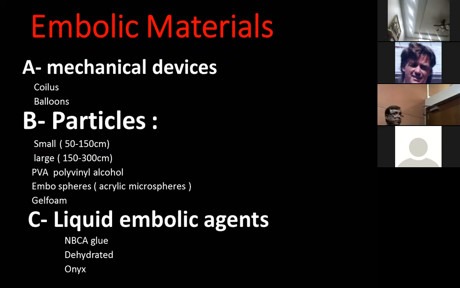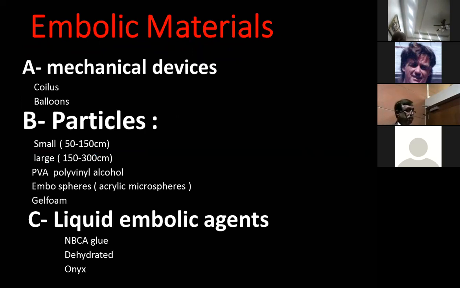What do we use for embolization? Either you close the feeders by coils or balloons, or you use particles, or you use liquid. Particles could be small, could be large. People like large ones so that they will not sneak through the vasa vasorum of the nerves and cause damage.